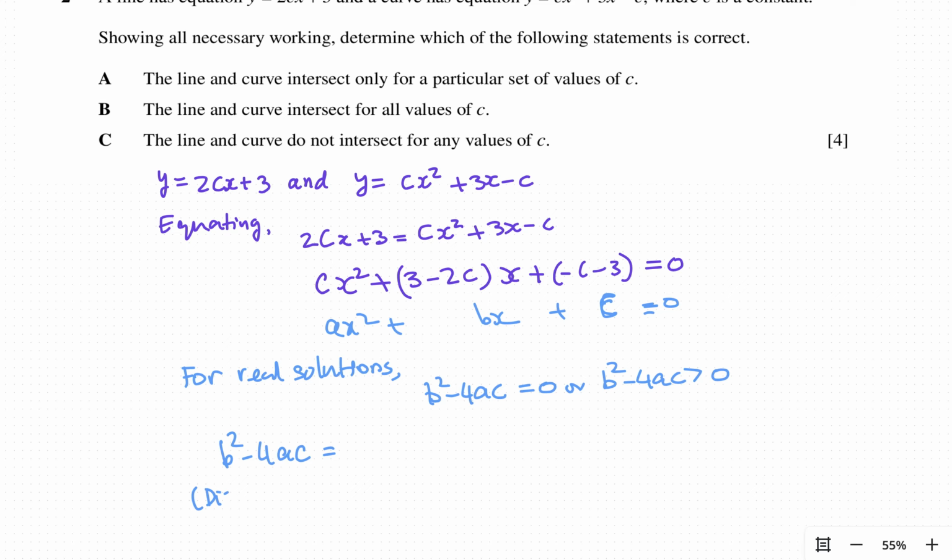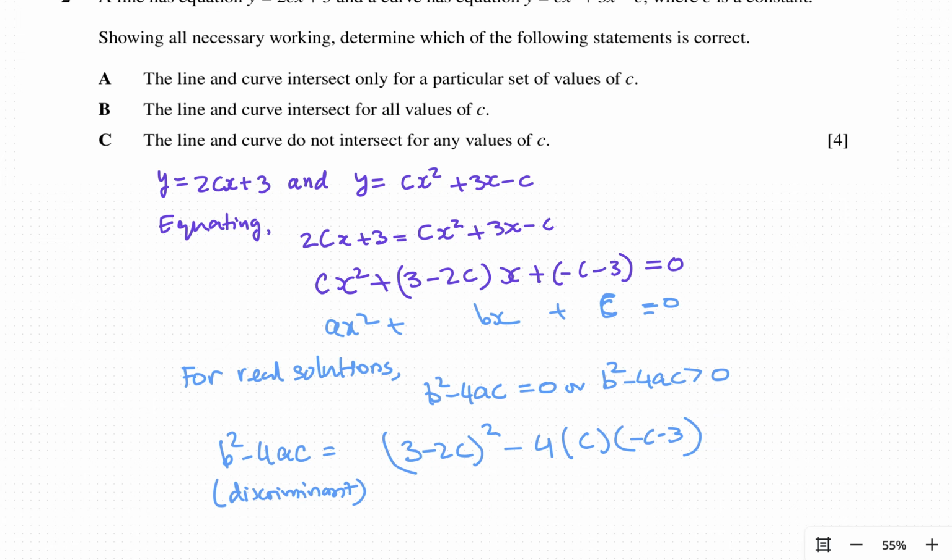So then here b squared, that is 3 minus 2c whole squared, minus 4ac, so minus 4 times a c, and c is here minus c minus 3.